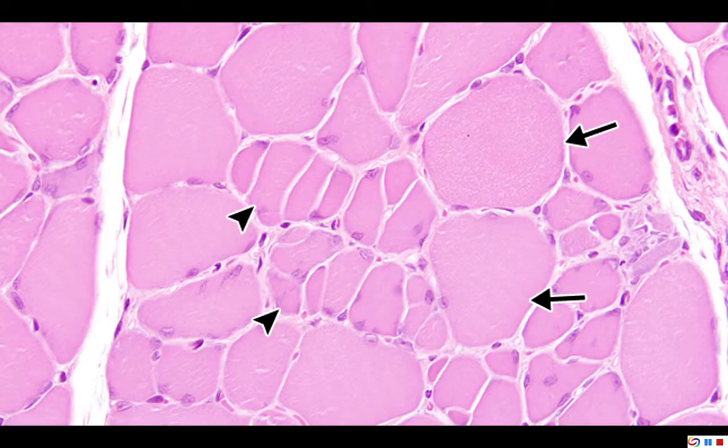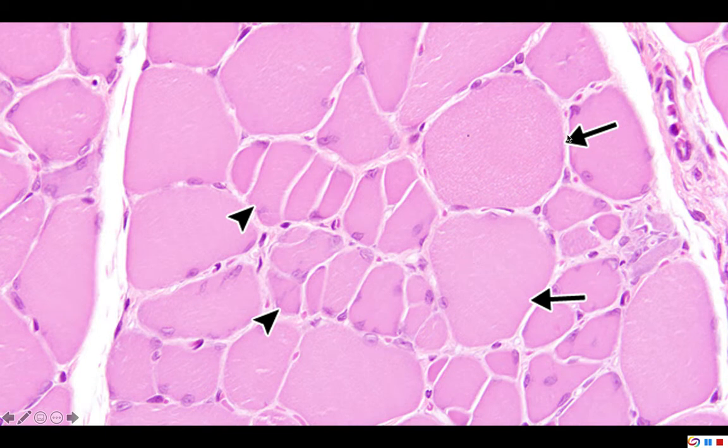A good example is skeletal muscle. Think about when you go to work out and you want to get your muscles bigger and stronger. Anytime you're putting an increased load or weight on these muscle fibers, they're going to respond by getting bigger, or hypertrophying. This is skeletal muscle, and you can see that some of the skeletal muscle fibers, like here and here and here and here, are all very big.